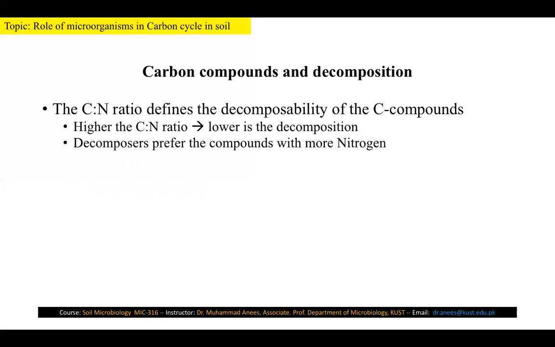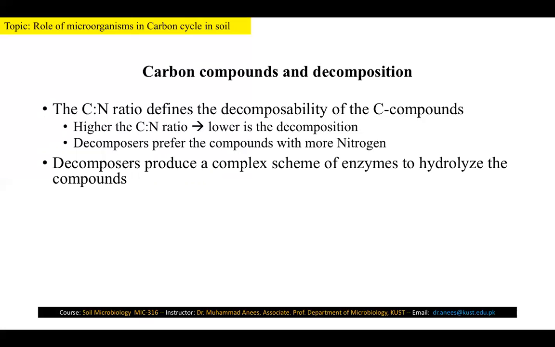So it means the concentration of nitrogen defines the preference of decomposer for a particular carbon compound. These decomposers have a complex scheme of enzymes that are able to hydrolyze the compounds.